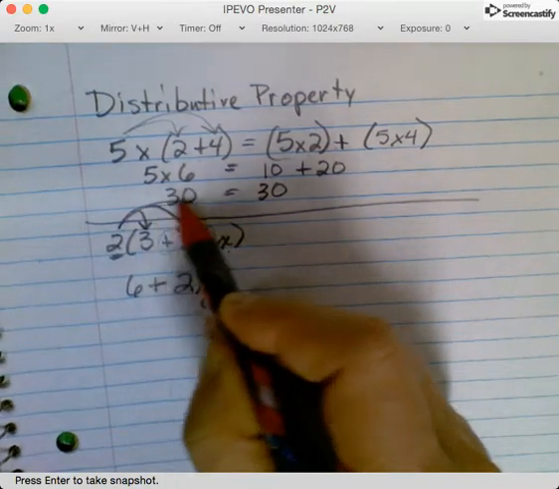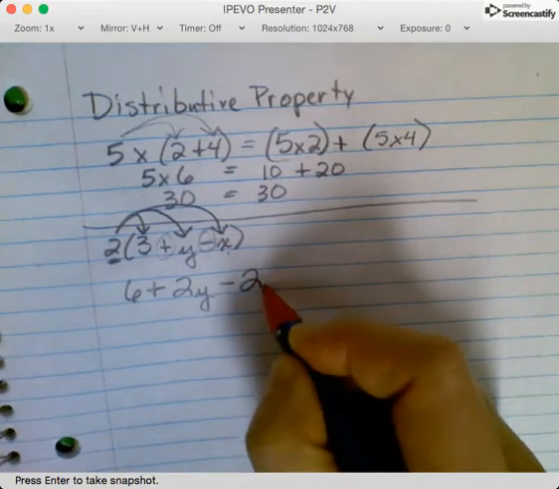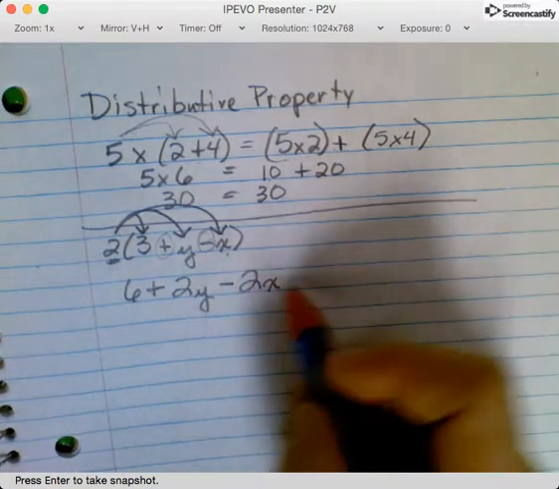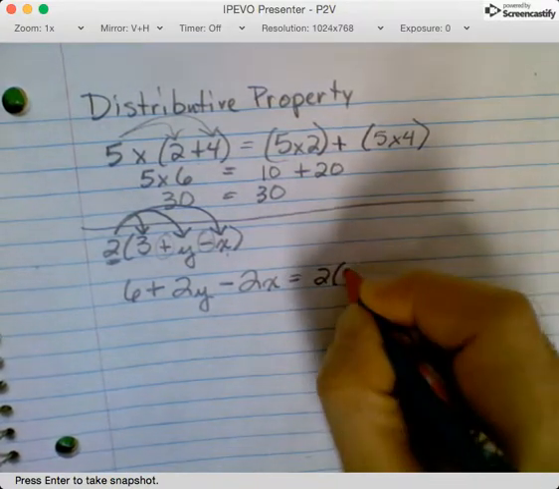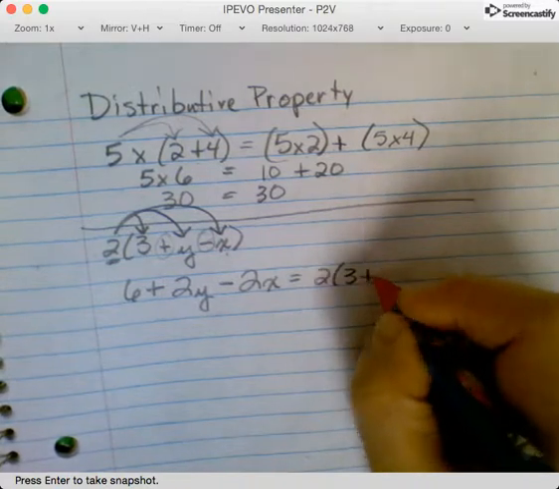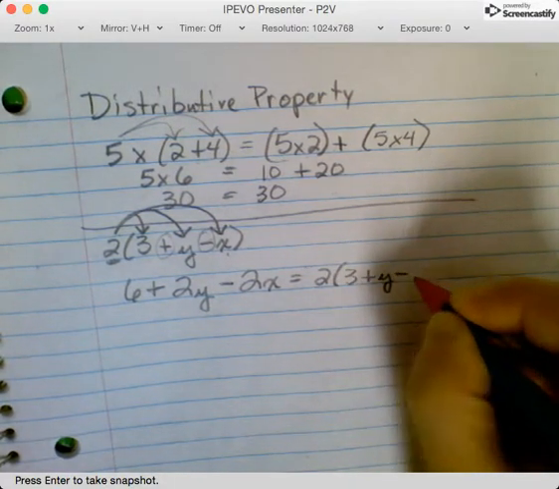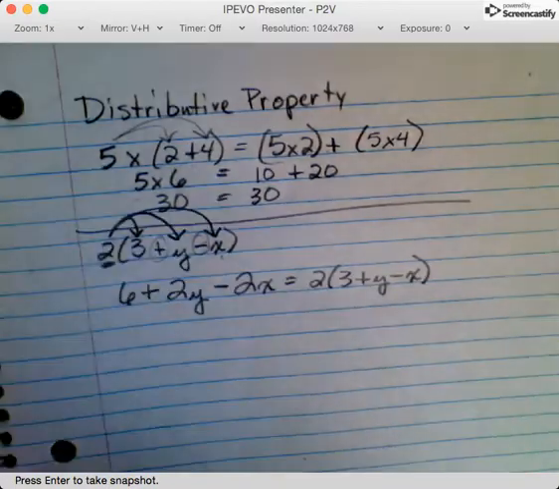Then I take my 2 times my x, and I'm going to write that as 2x. So 6 plus 2y minus 2x is the same thing as 2 multiplied by this value in parentheses, which is 3x plus y minus x. Okay, those are the same thing.